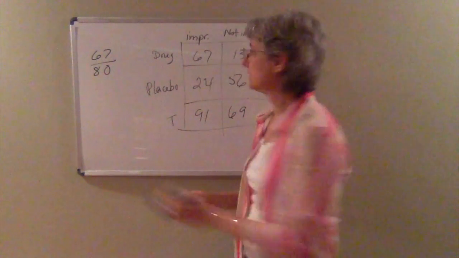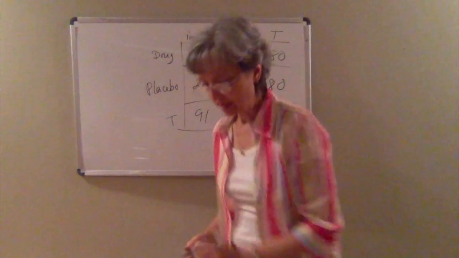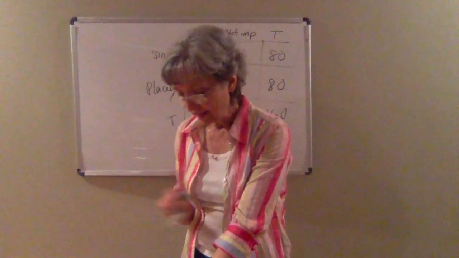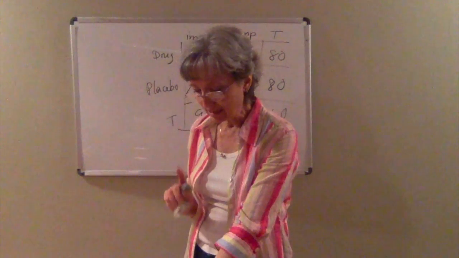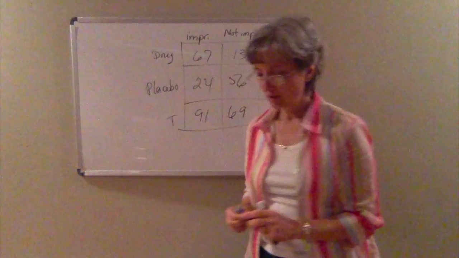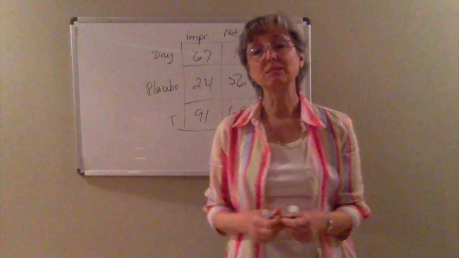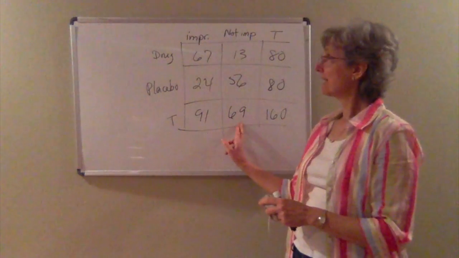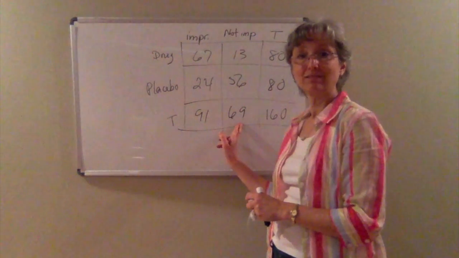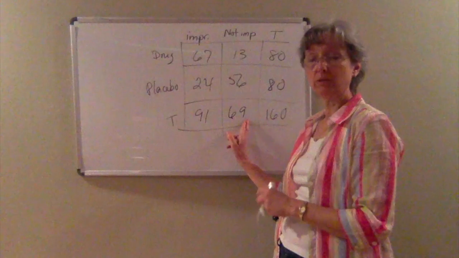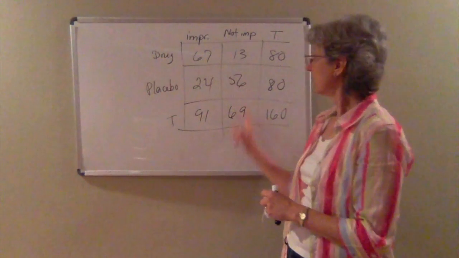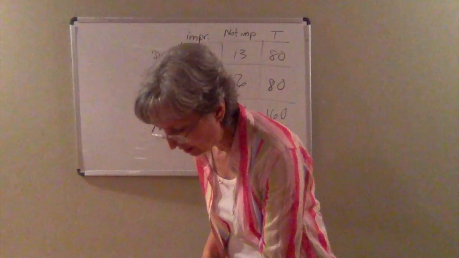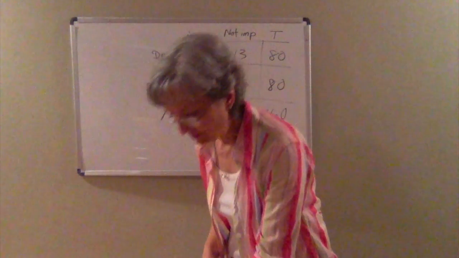What's the probability that a volunteer received the placebo given that he did not report a noticeable improvement in symptoms? So there's 69 who did not report a noticeable improvement in symptoms, and of those, 56 got the placebo. Is that what we asked? That they got the placebo given that he didn't report.